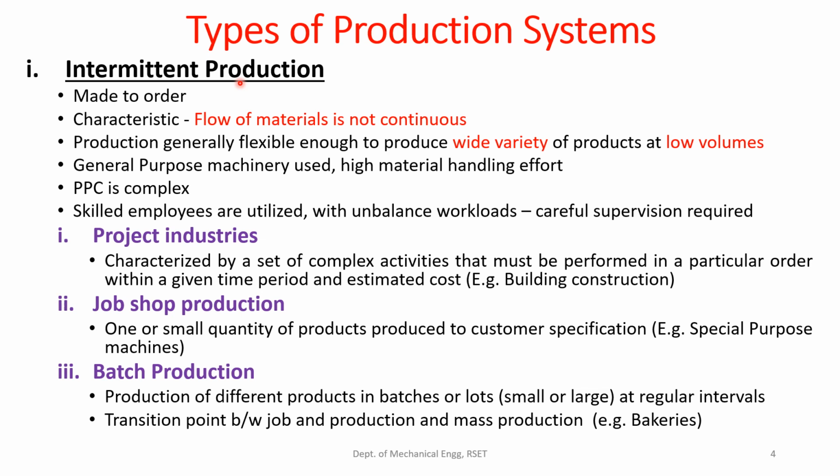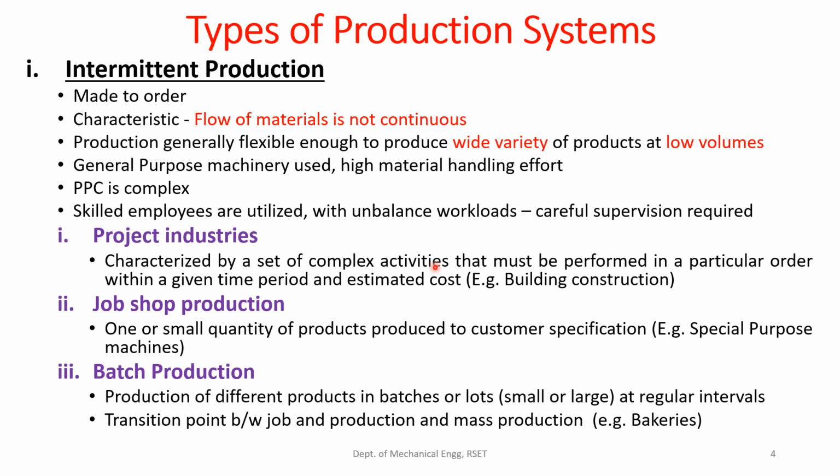So the cost and the time involved in producing a product are higher, but at the same time, these systems are capable of producing a wide variety of orders, and thus enable the company to cater to a wide variety of needs of different customers.